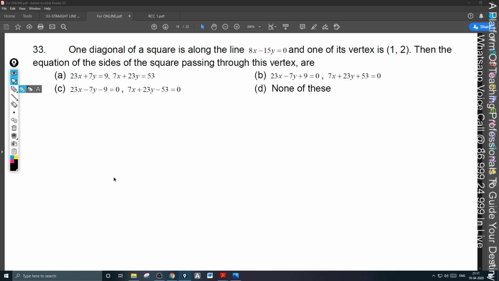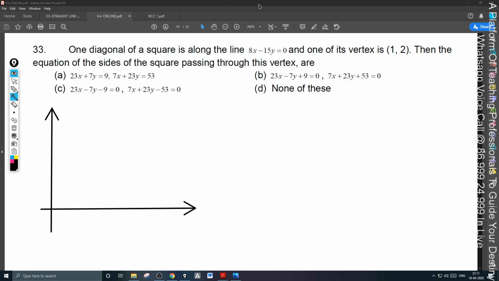See that please. Let me write that. This is the x-axis, y-axis.